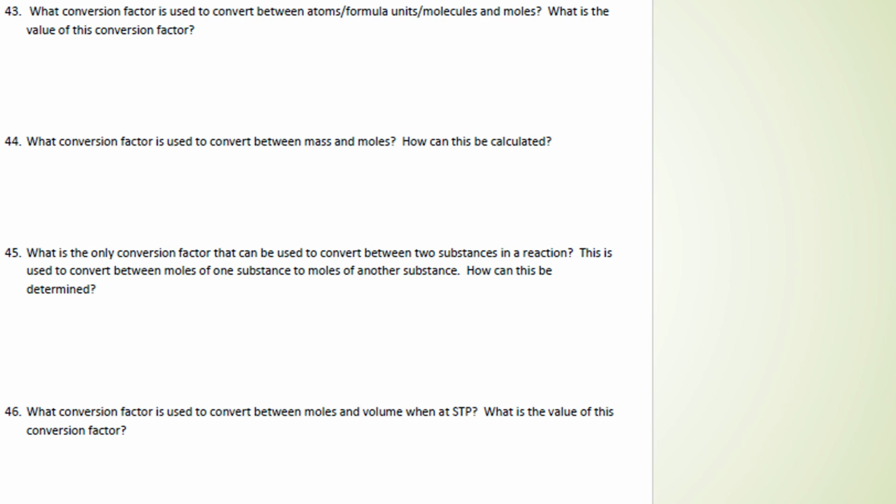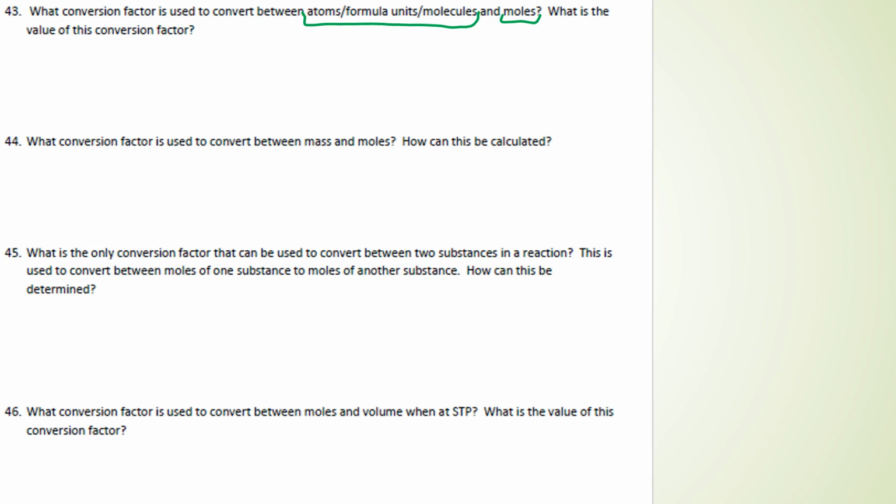At this point, you should be able to go from any one substance, one type of thing, to another, but what you have to understand is the relationships. Looking at question 43, if I wanted to convert between atoms, formula units, molecules, and moles, whenever we say atoms, formula units, or molecules, what are we talking about?